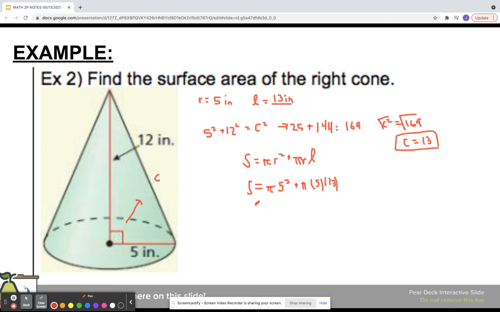And that's going to give us that surface area is equal to 25 pi plus 65 pi, which is going to give us that surface area is equal to exactly 90 pi inches squared.